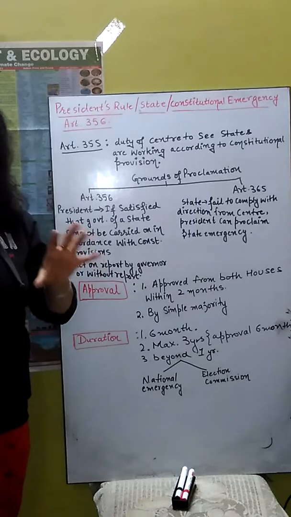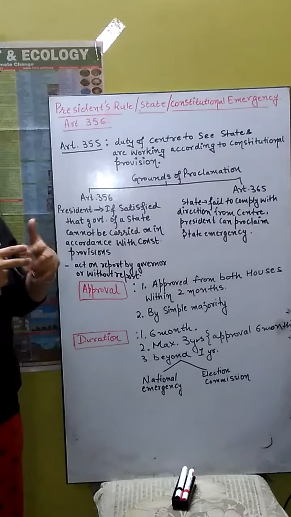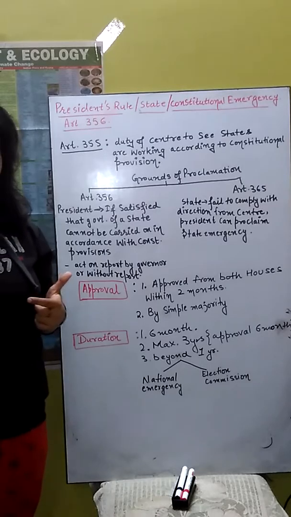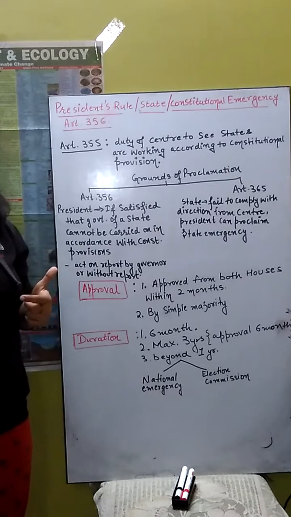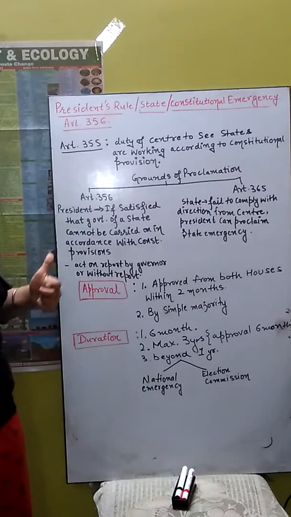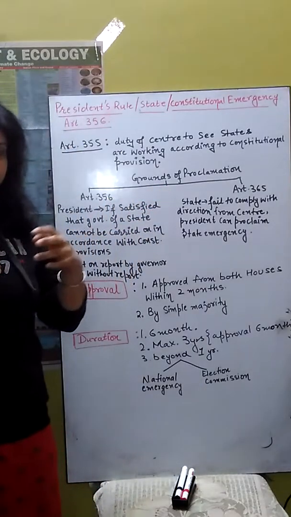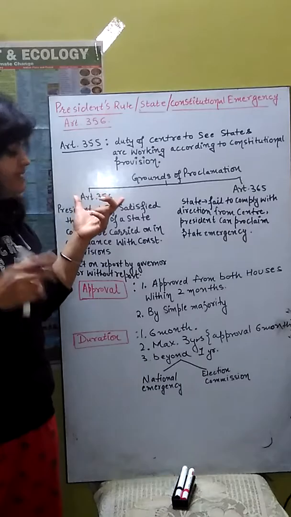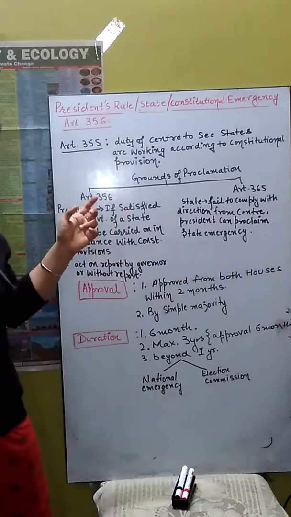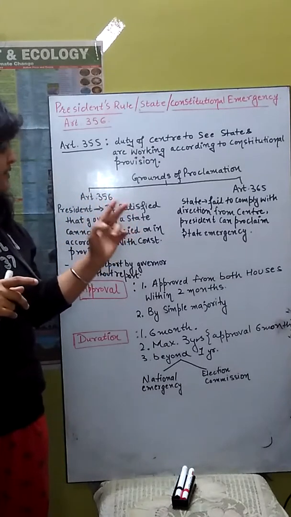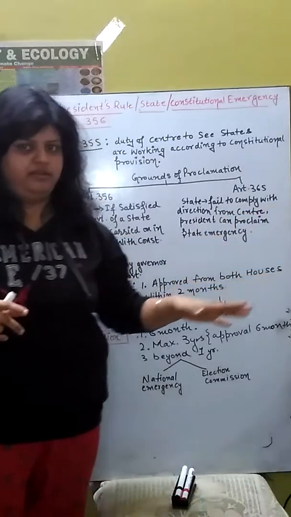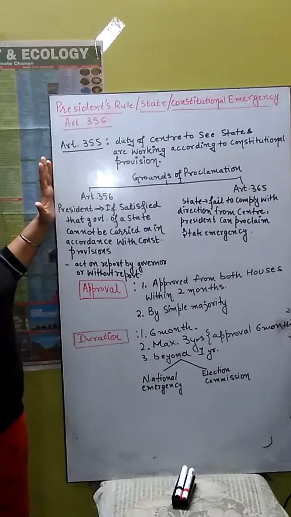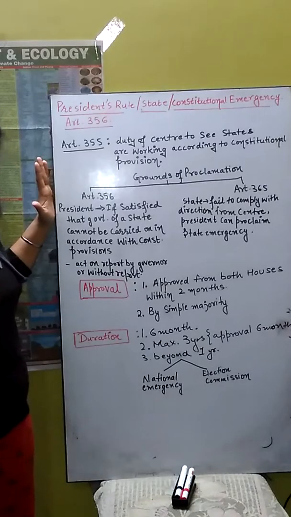Once you remember that Article 356 is President's rule or constitutional emergency, then to remember the grounds of proclamation, one article is 356 itself and the other is, just reverse the 56, that is 365. So first, let's see what is given in Article 356.